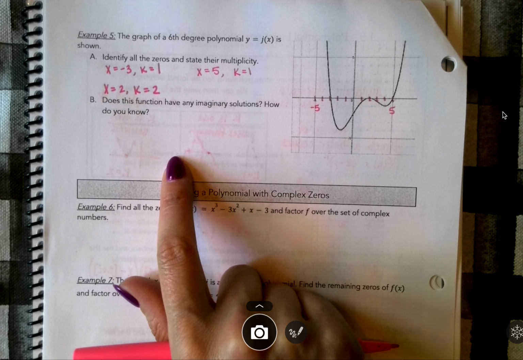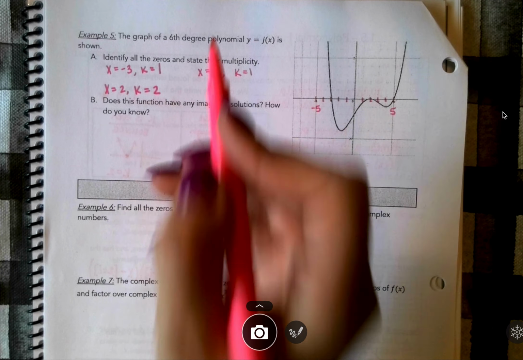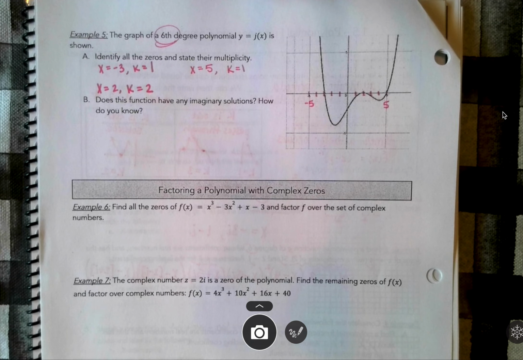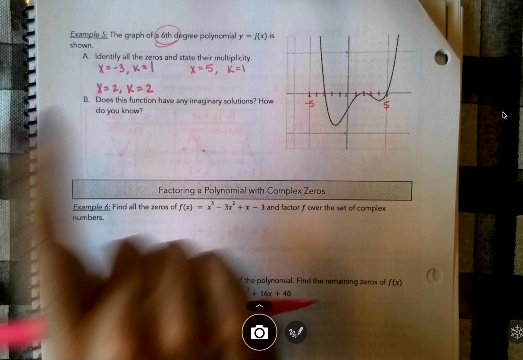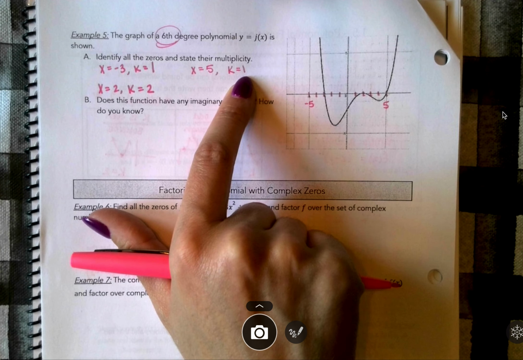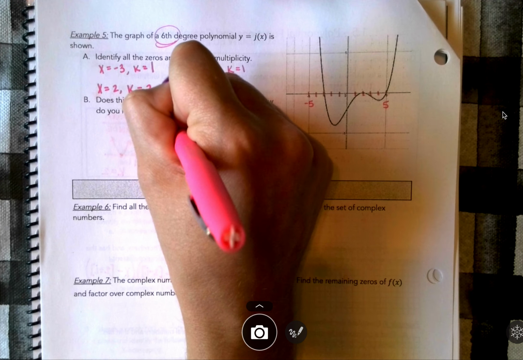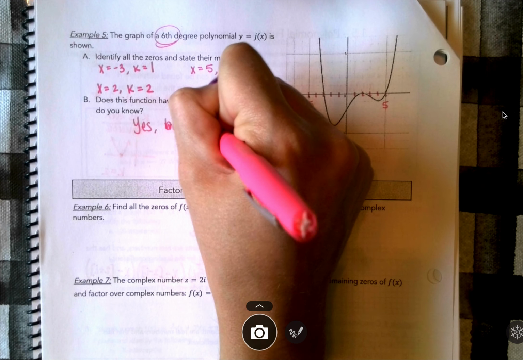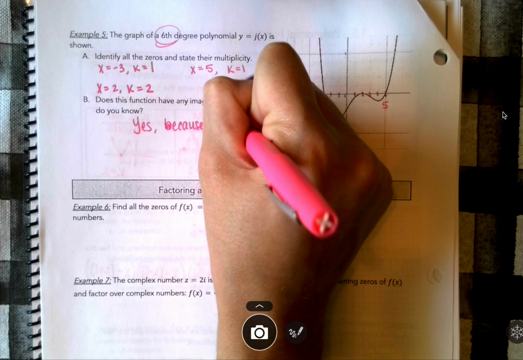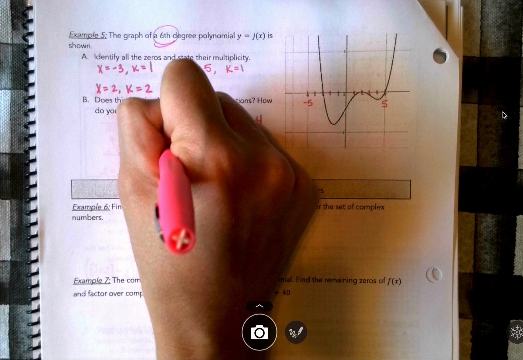So does this function have any imaginary solutions? How do you know? So what we want to look at is if I have a 6th degree polynomial, I should have 6 solutions. Right now, I have 4 because I want to take into account my multiplicity. So I have 1, 2, 3, 4, so I'm missing 2. So we're going to say yes, because we have 4 real solutions.